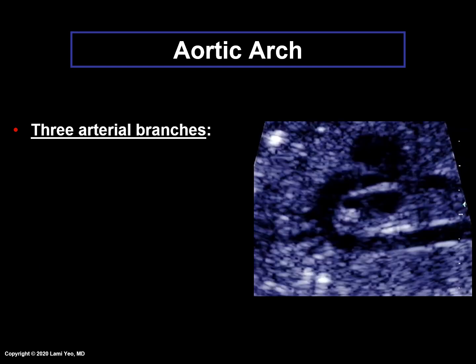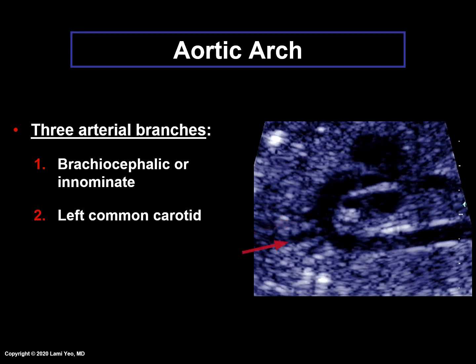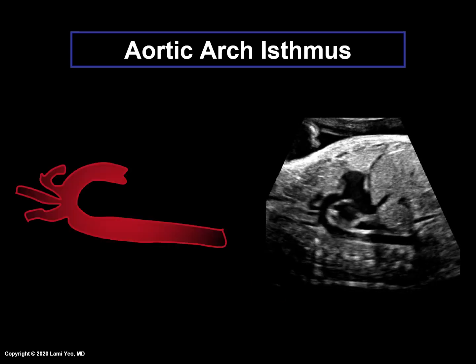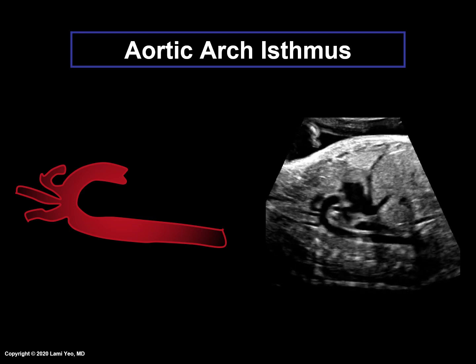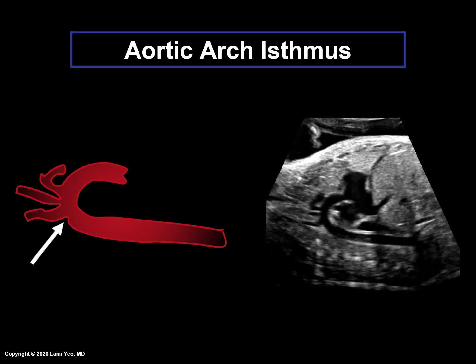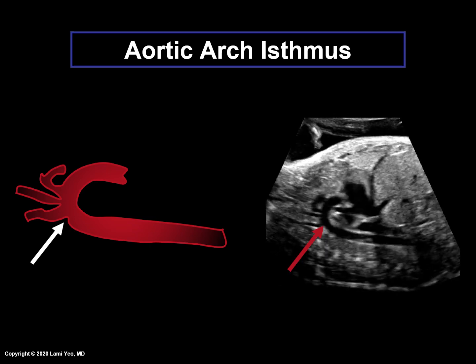The aortic arch gives rise to three arterial branches: the brachiocephalic or innominate, left common carotid, and the left subclavian. The aortic isthmus is the narrowest part of the aortic arch and is located between the origin of the left subclavian artery and connection of the ductus arteriosus to the descending aorta.